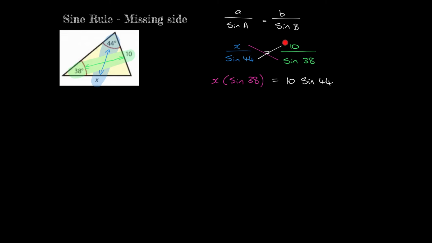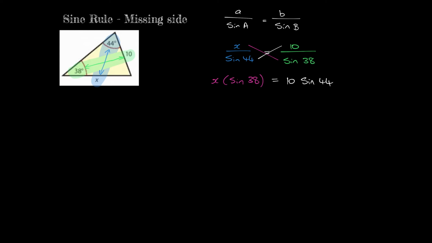So we're just multiplying diagonals. So this times this will give us this, and this times this will give us this. And the little trick that I said there is I tend to keep the unknowns on the left-hand side. So if you had put the white part on the left and the pink part on the right, you'd still get the same answer, but I just find it easier to keep your unknowns on the left.